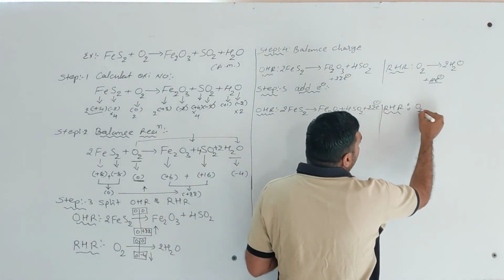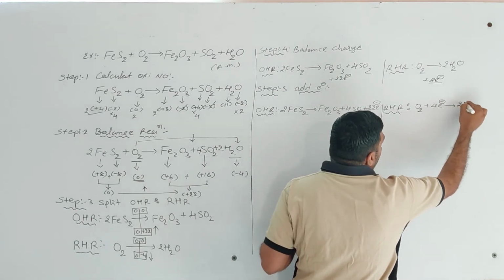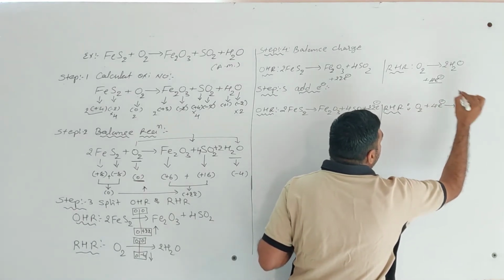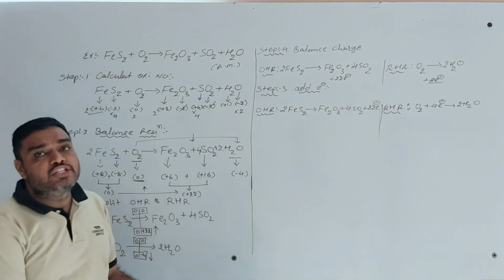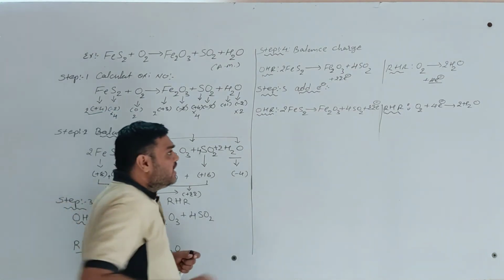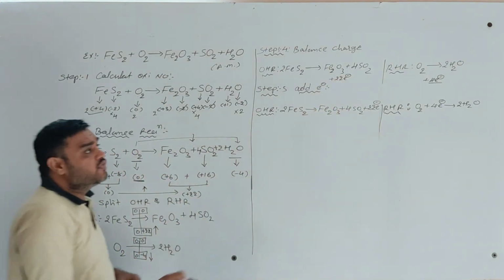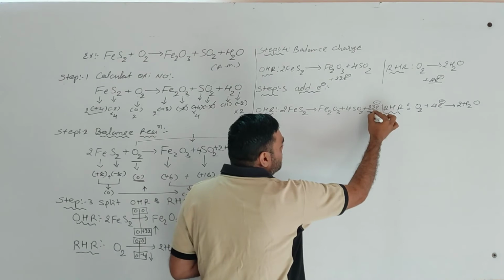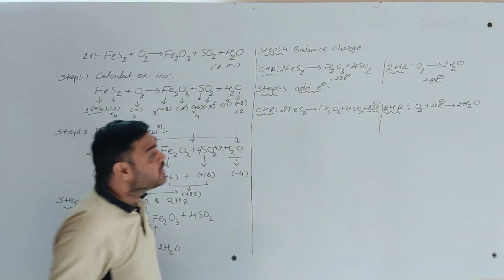So O2 plus 4 electrons gives twice H2O. So add electrons according to change in oxidation number. Here the change in oxidation number is 22 in oxidation half reaction, so 22 electrons are added in oxidation half reaction, product side.